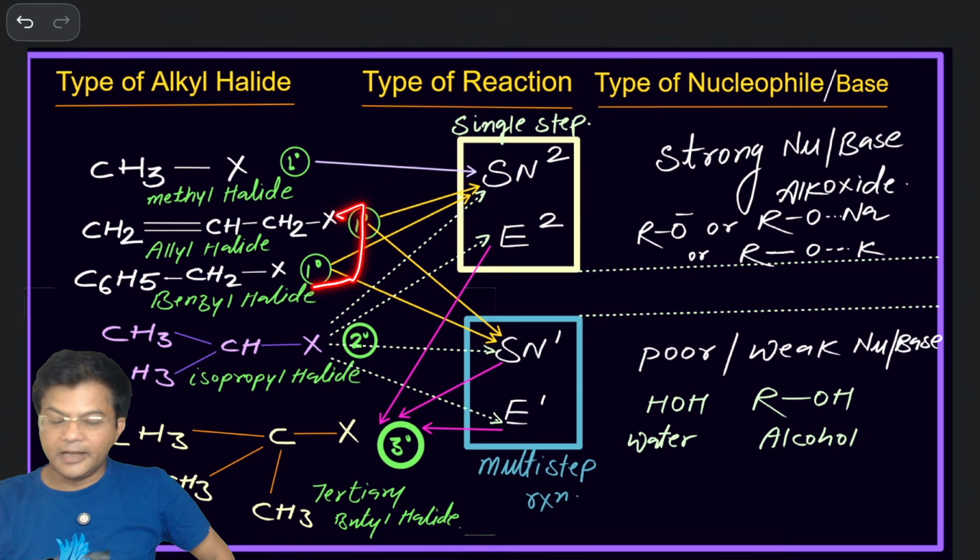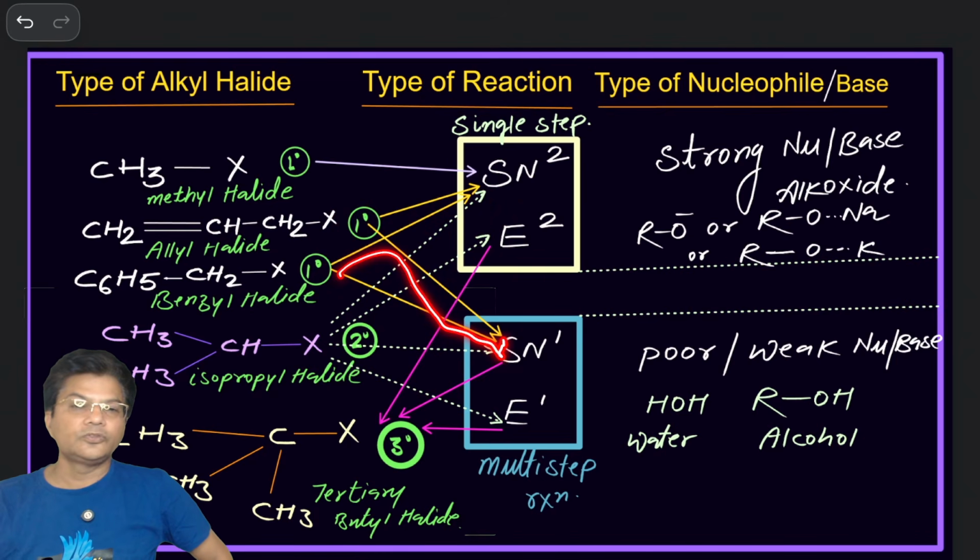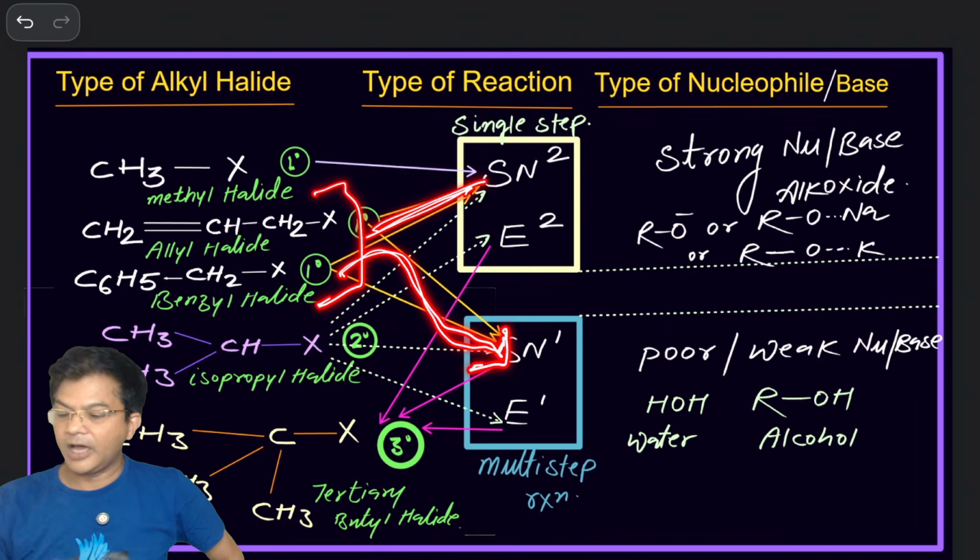Allyl and benzyl love both SN2 and SN1, because if the nucleophile is strong, then SN2, and if the nucleophile is weak, then SN1. If strong nucleophile, then single step reaction SN2, and if the nucleophile is poor or weak with polar protic solvent, then SN1. How to find out?